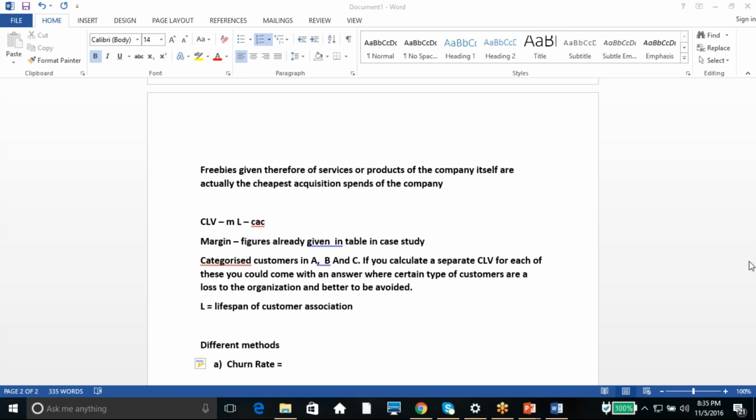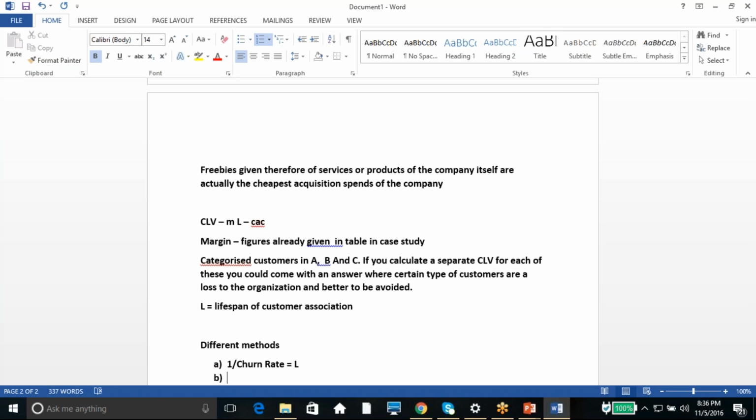So you have someone who's done 5 years, someone who's done 4 years, someone who's done 3 years, and there are again new ones who have come and who've done 3, 4 or 2 years. So a simplistic way of looking at it is that 1 upon churn rate is equal to L. Okay, so that is one method.